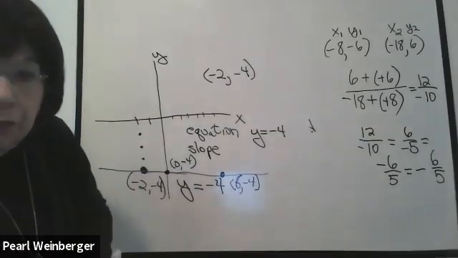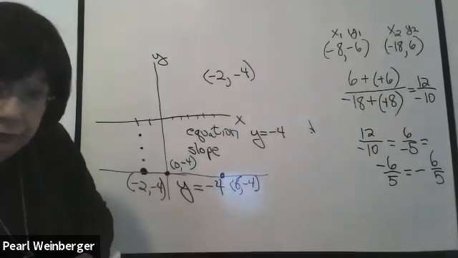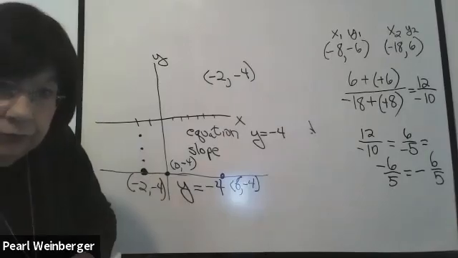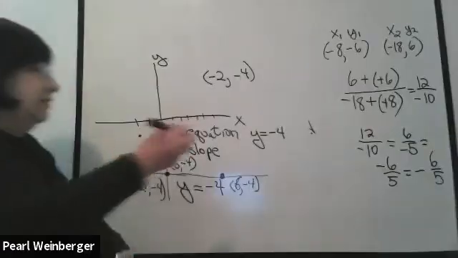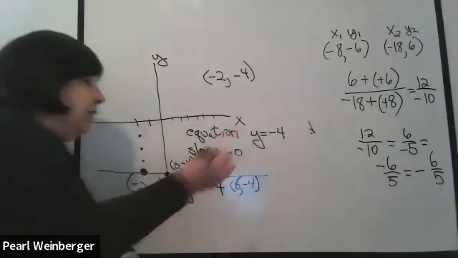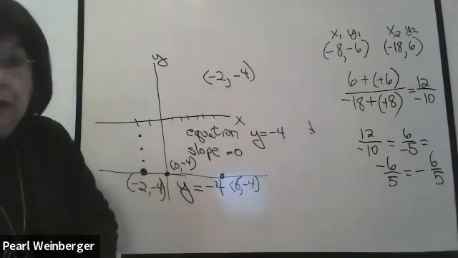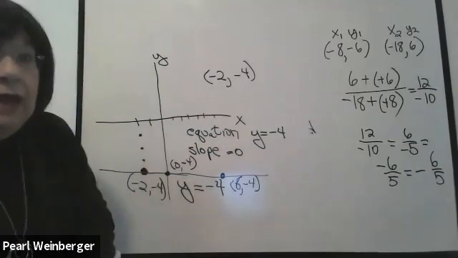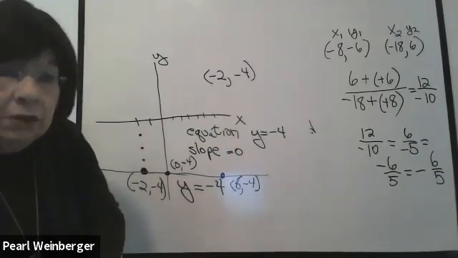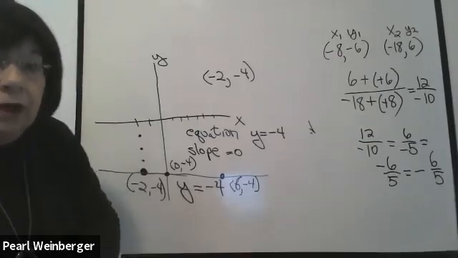What is the slope of that line? There is no slope, it's a straight line. 0. Right, the slope is 0. How do I know the slope is 0? Because it's a horizontal line, and every horizontal line has a slope of 0.